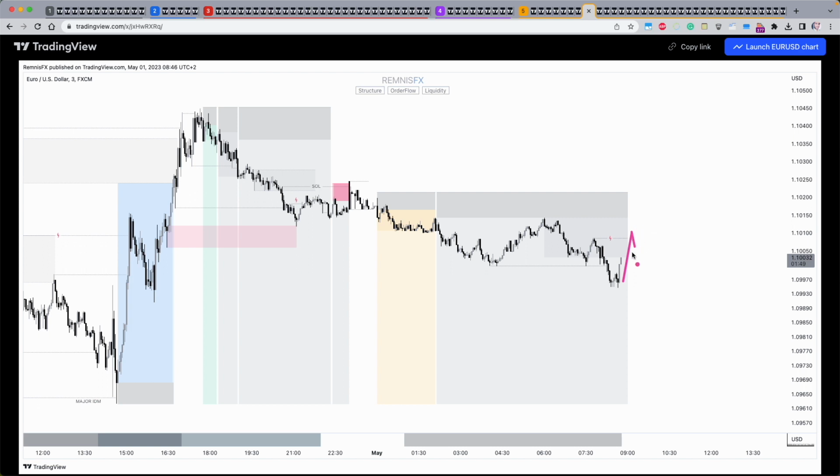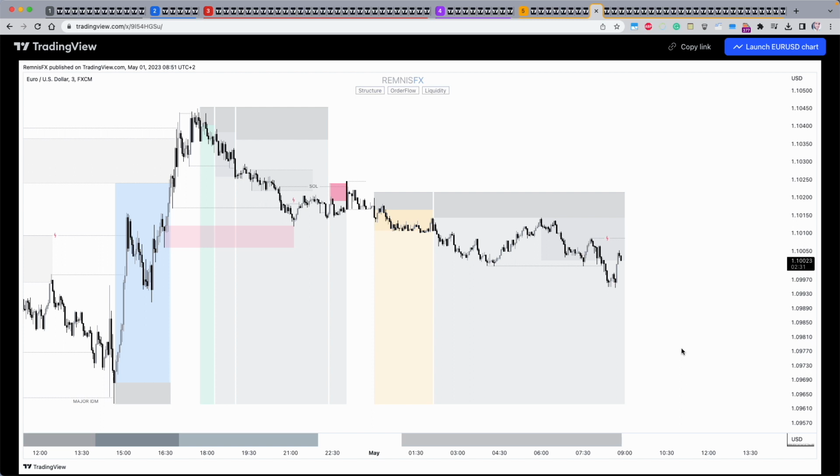However, if I do not get any entry criteria, price still may liquidate the liquidity. I was just waiting, set my alert at that point, and then I looked later, and now I noticed this.